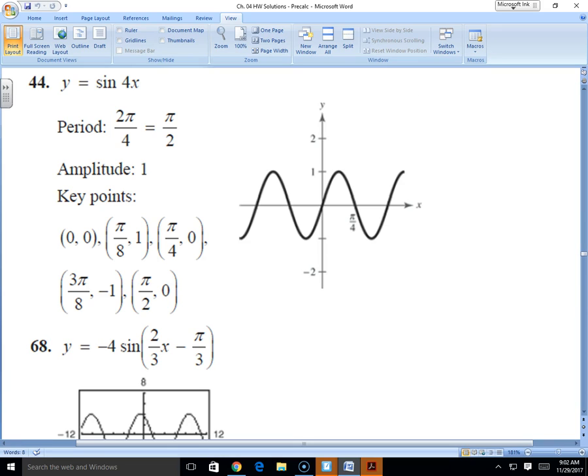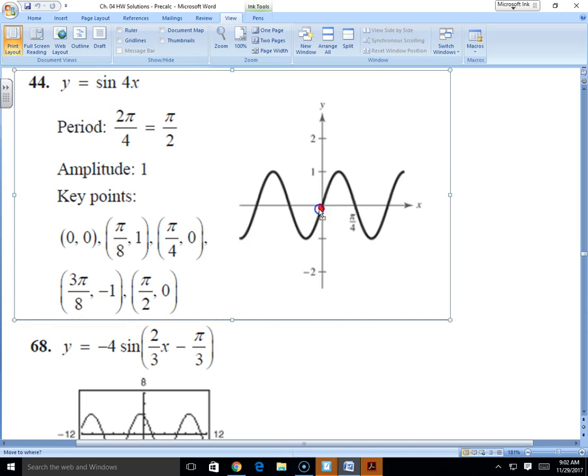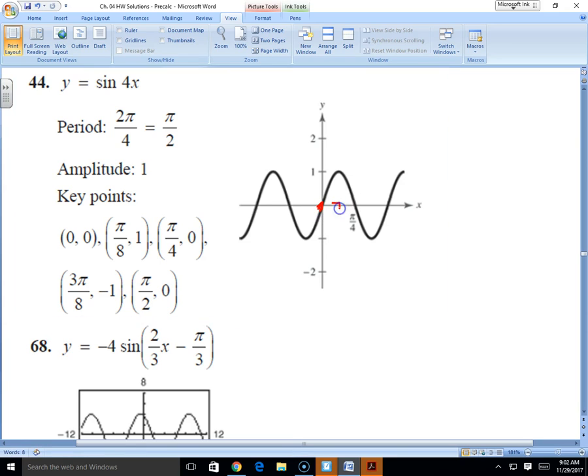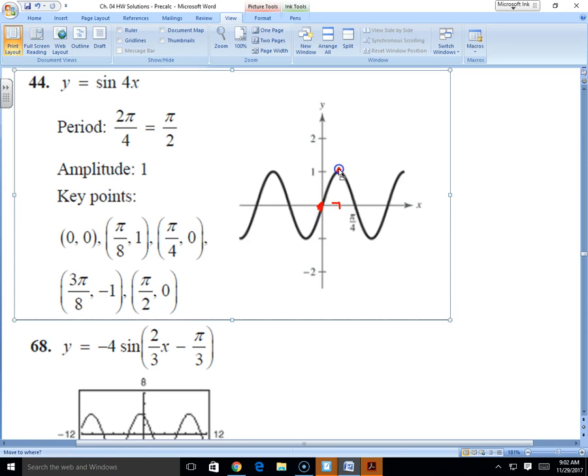So once again, they write out all of the key points. My question is, could I have been able to tell that from your graph? Did you have a key point at 0, 0? Did you have a key point at half of pi over 4? At pi over 8, 1. Did you have this point? I'll make you write it, but did you have it?